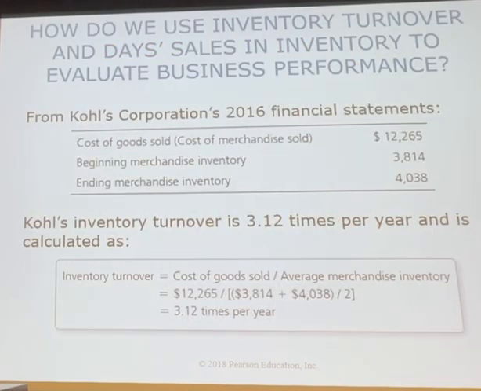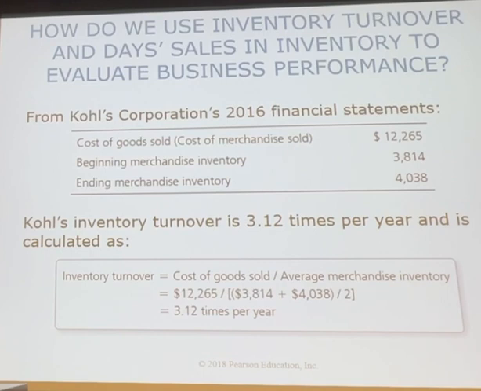So now looking at Kohl's, these numbers are kind of old now, but Kohl's inventory turnover ratio was 3.12. So it means that about 3 times a year, Kohl's sells through the inventory that they have on their shelves, and then that gets replaced with new inventory that they have purchased.